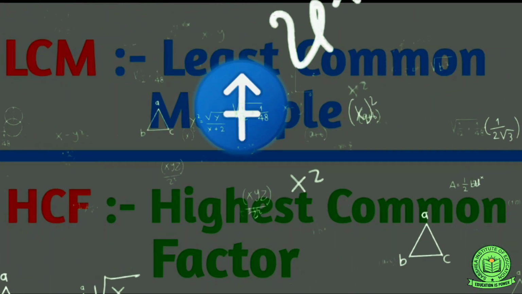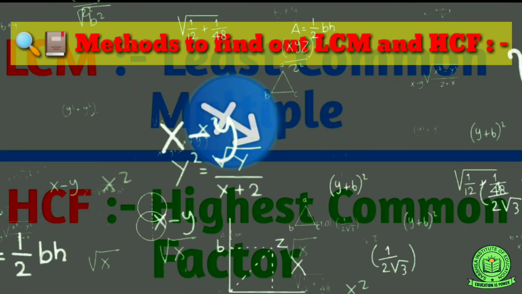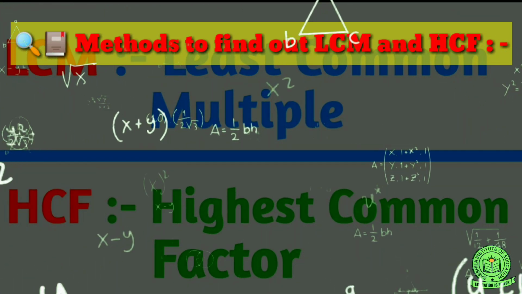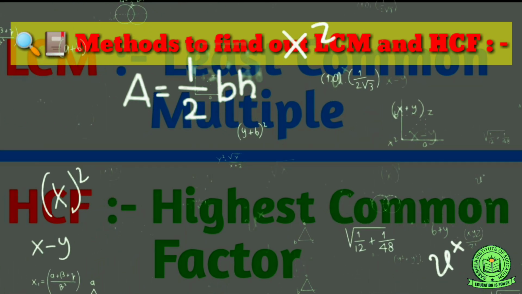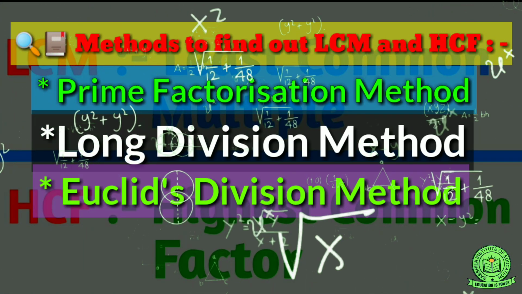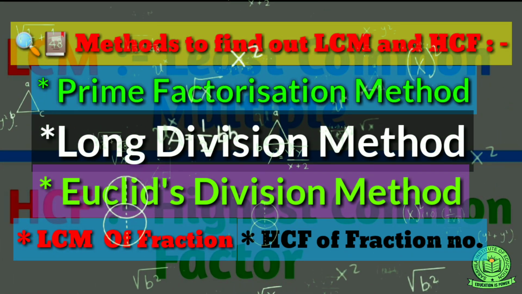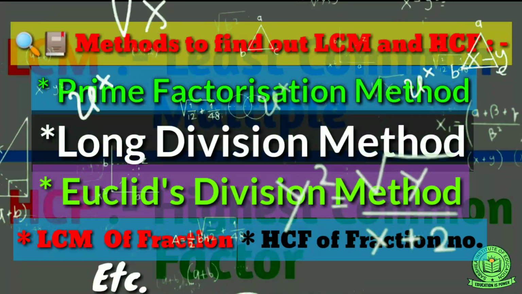I will make a detailed video for the LCM and HCF. In that video I will tell you how many types of methods there are to find the HCF and LCM: the factorization method, long division method, equal division method, the LCM of fraction numbers, the HCF of fraction numbers, etc.